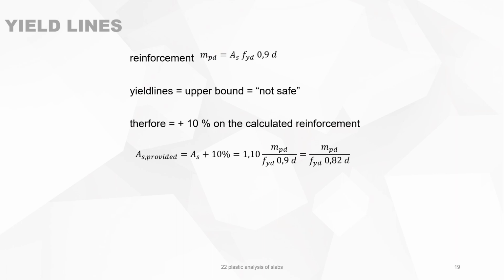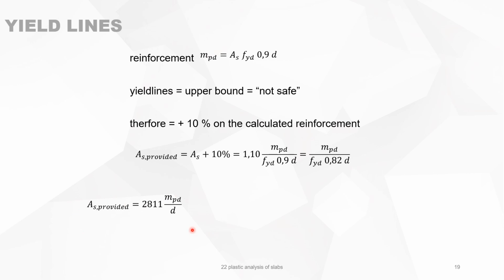Therefore, it has been proven in literature that if you add 10% to the value of reinforcement that you find in the normal way, then you are safe. It means that instead of using the calculated bending moment divided by the yield strength of steel times 0.9 times the effective depth, you just multiply this amount by 1.1 and you have a safe amount of provided reinforcement.